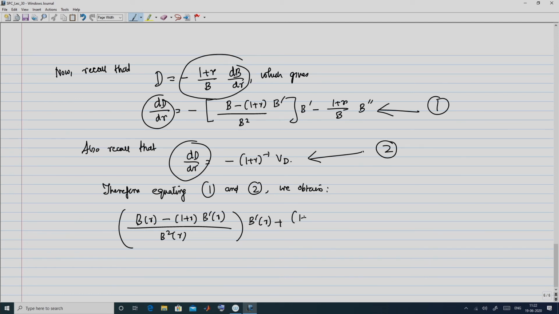So, this will become plus. There is a negative sign here and a negative sign here, all of which will cancel out.